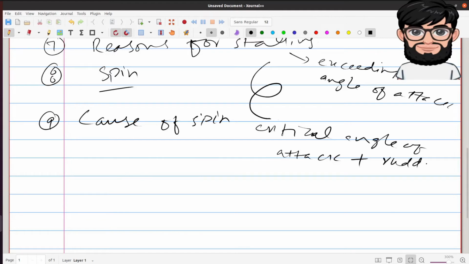So same thing, but other than exceeding the angle of attack, you are using too much rudder. That's going to cause the spin.